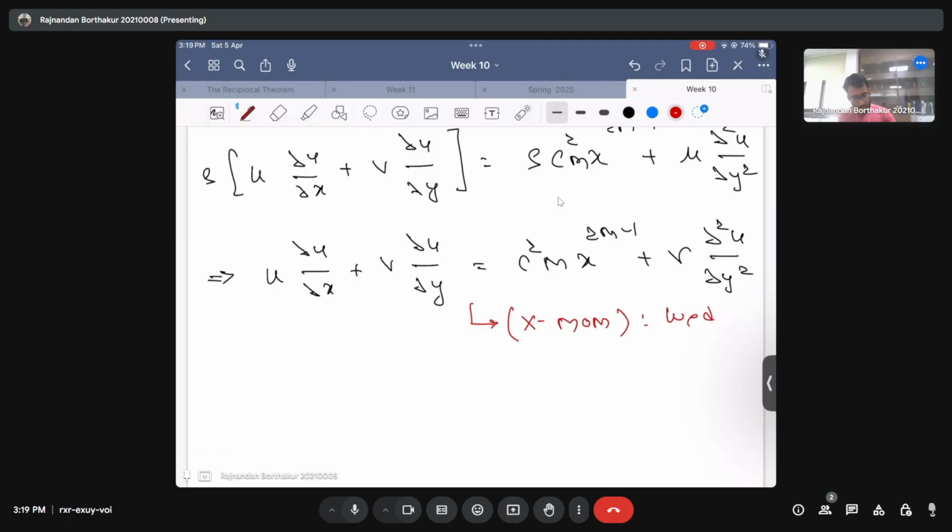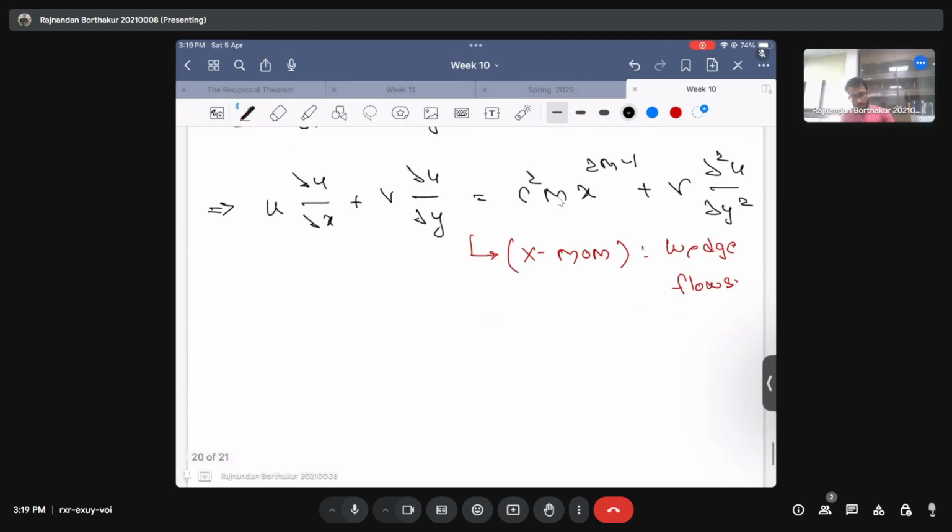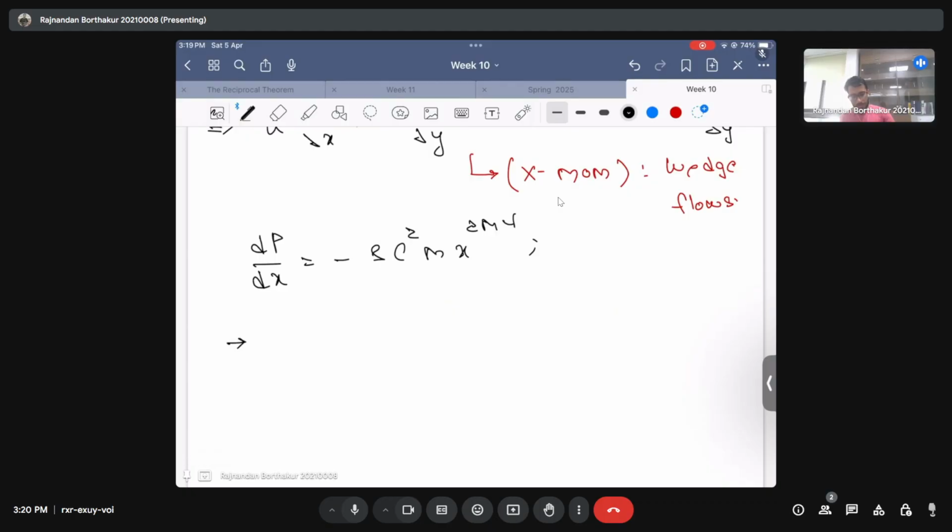Okay, but the good thing is you can appreciate that your dp dx, which you evaluated by using the Euler's equation in the inviscid region, came as minus rho times c square m times x to the power twice m minus 1, which means that, as I already said, if m equals 0, then it directly gives us the fact that dp dx is equal to 0, which means this is the case for a flat plate analysis.